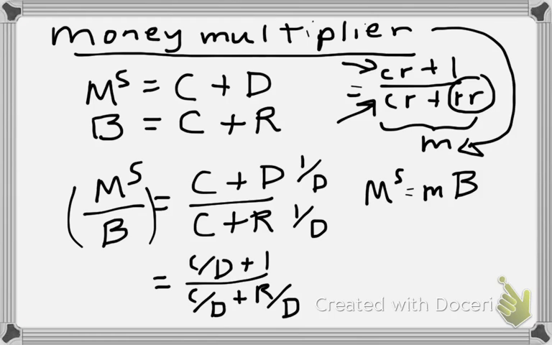They both have CR in the numerator and denominator. The numerator has 1, the denominator has a number less than 1, so the numerator overall is bigger than the denominator.